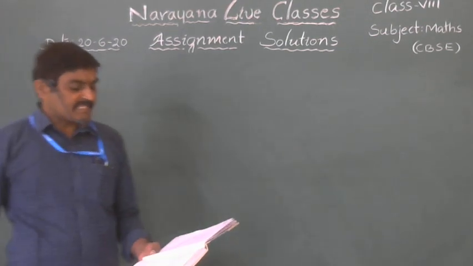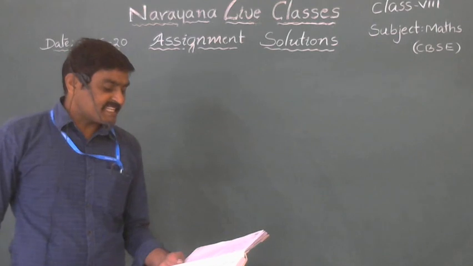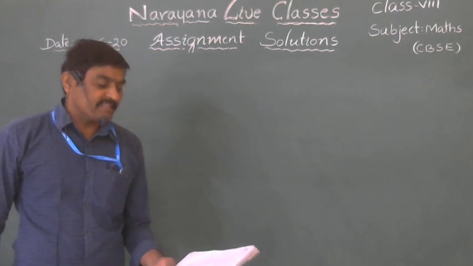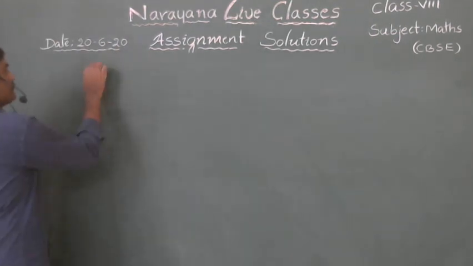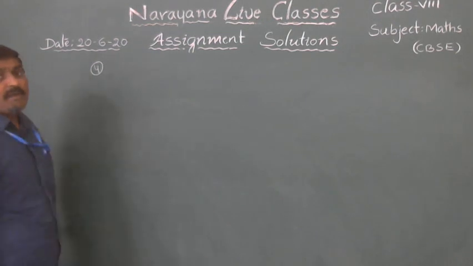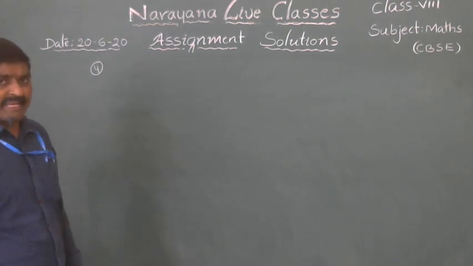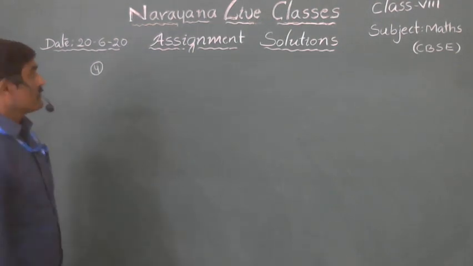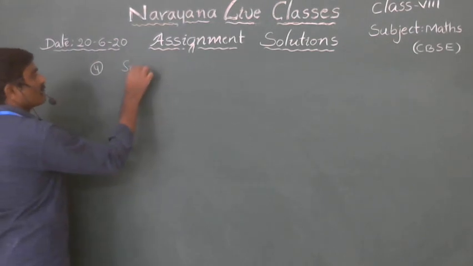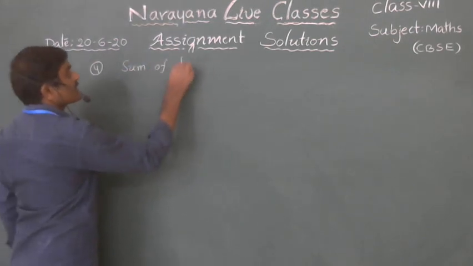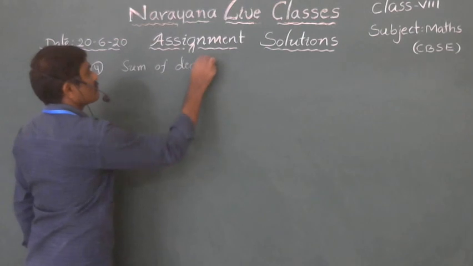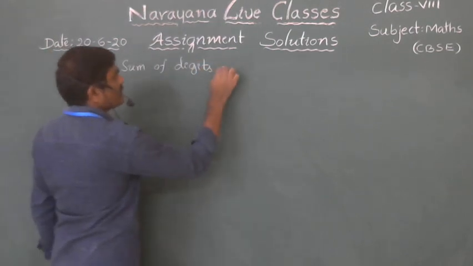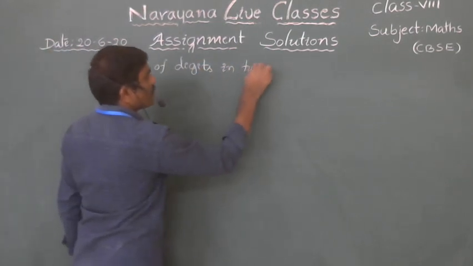The given number is less than the number obtained by interchanging the digits by 9. Find the number. Okay, fourth one. Sum of digits in a two-digit number is equal to 11.